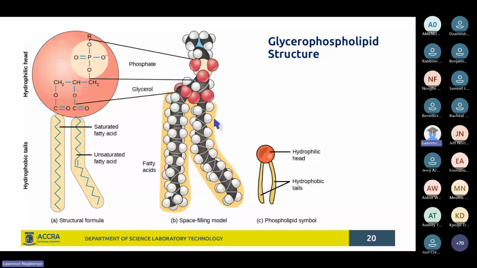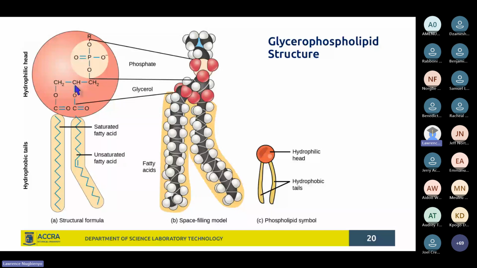And we see the hydrophilic head of the glycerophospholipid structure consists of the glycerol backbone, which is shown there. You have the 3 carbons, which originally should have hydroxyl groups on them.